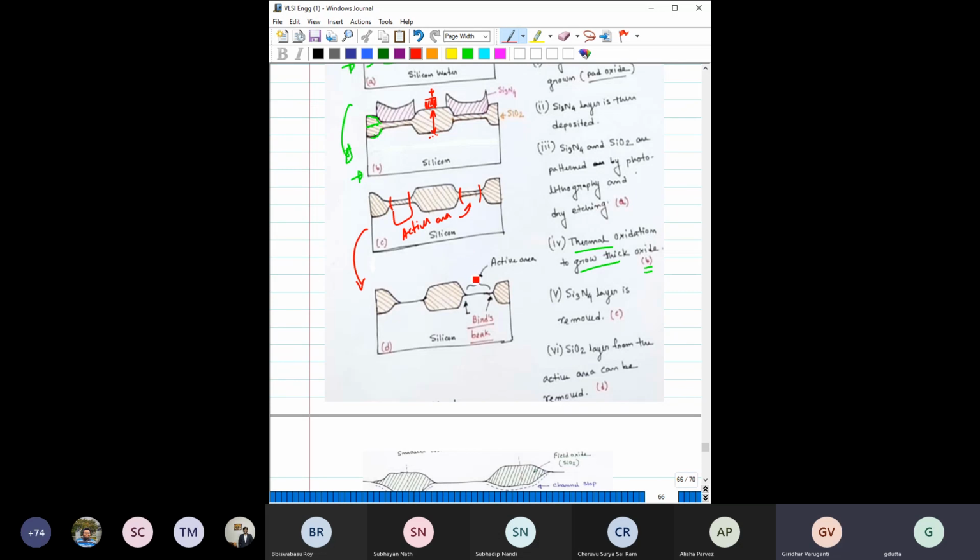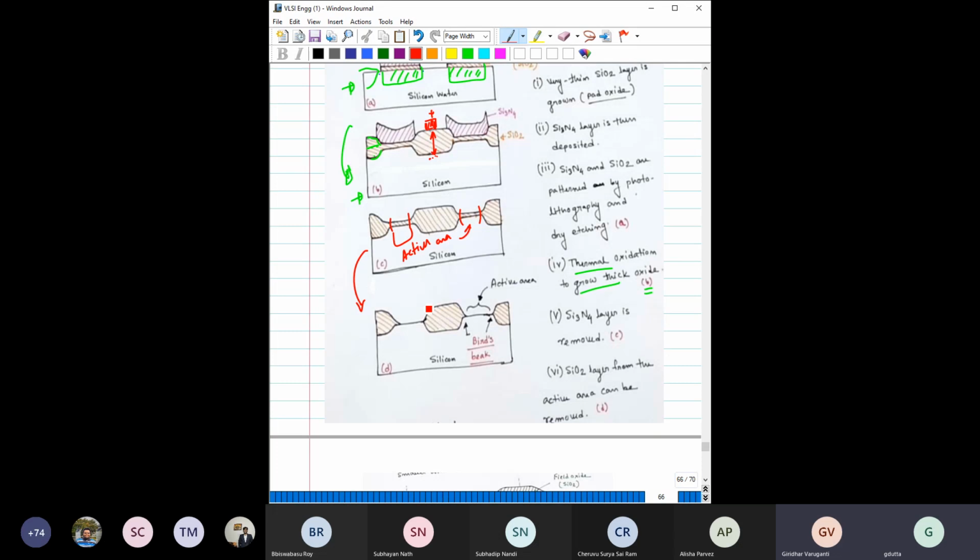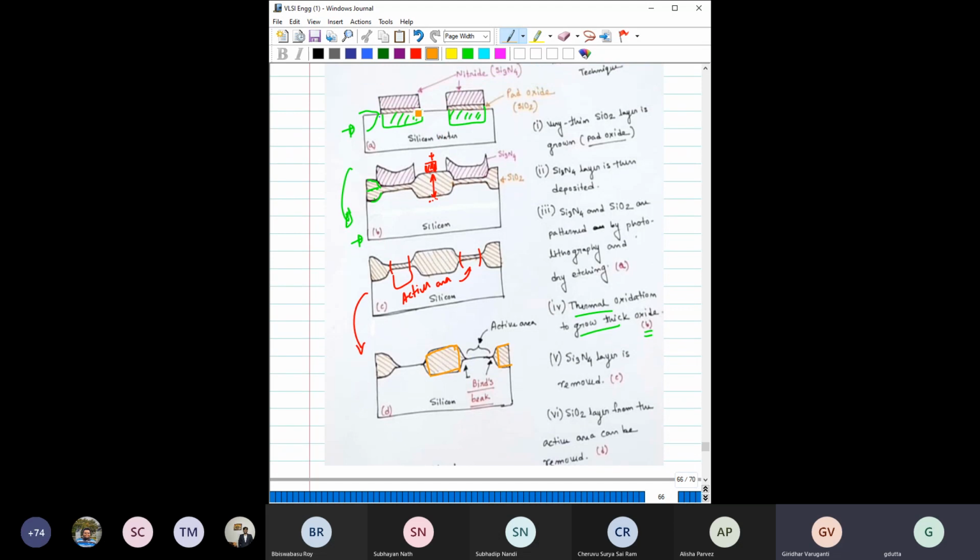While you do this, you can see that what we could have preferred is this type of structure, here and here. But you can clearly see that during oxidation there will be some oxidation here.